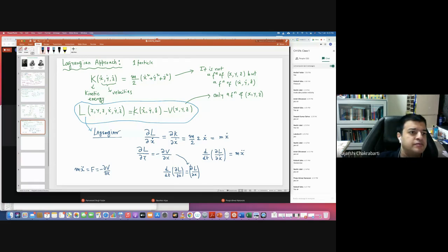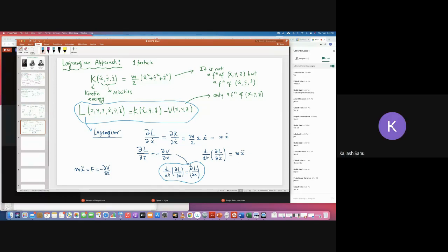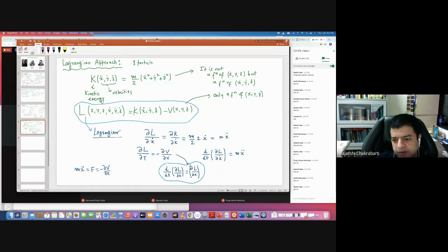Not very difficult. Why is it m x double dot? Because I take a time derivative of x dot, which becomes x double dot. m is constant. So m x double dot I know is equal to minus dV dx, and minus dV dx I have seen is del L del x. So this is called the Lagrangian equation of motion.